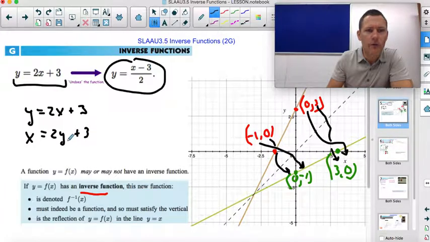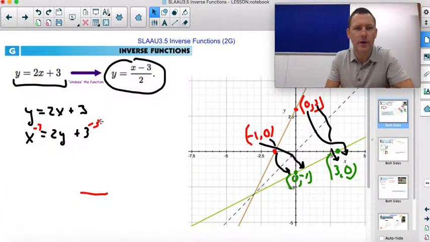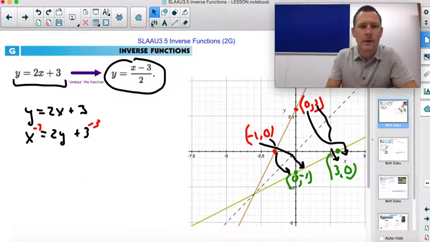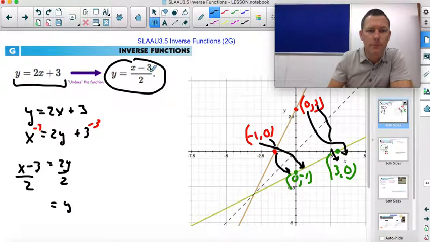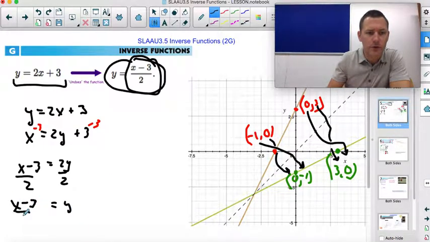And then you solve for that y. You subtract 3, you get x minus 3 equals 2y. And then you divide by 2, you get y equals x minus 3 over 2, just what we had before.